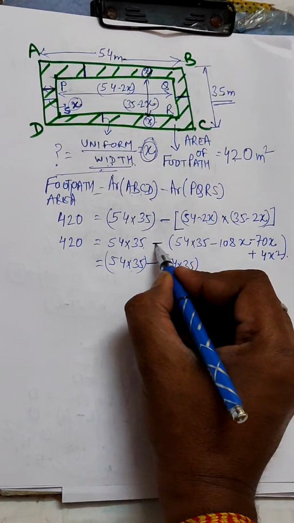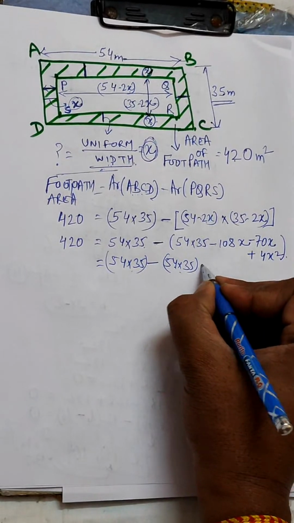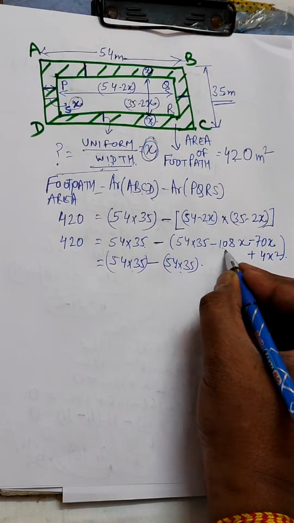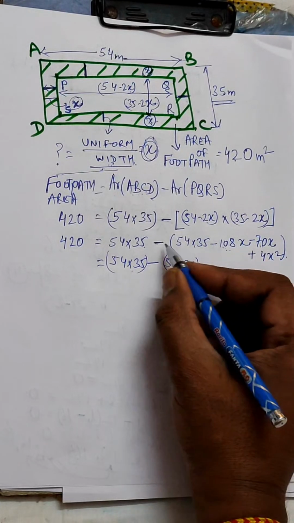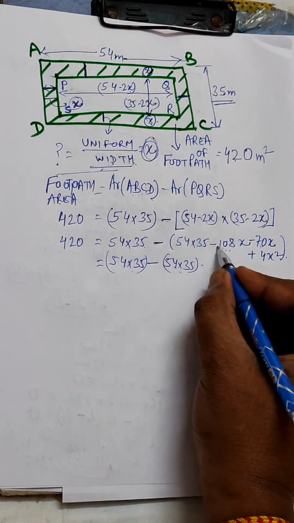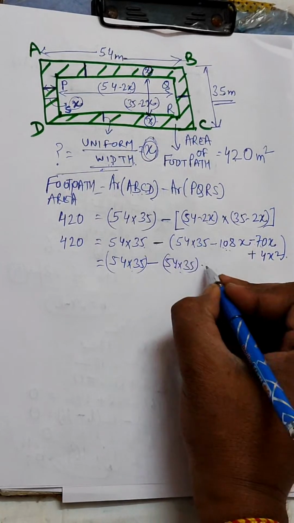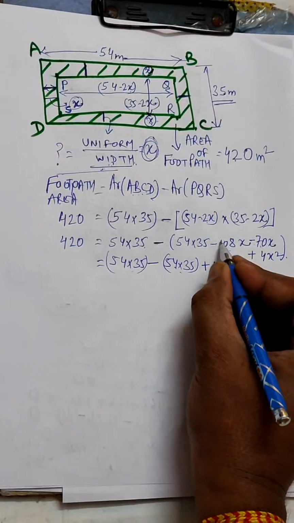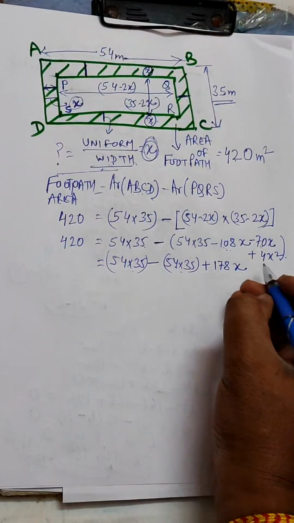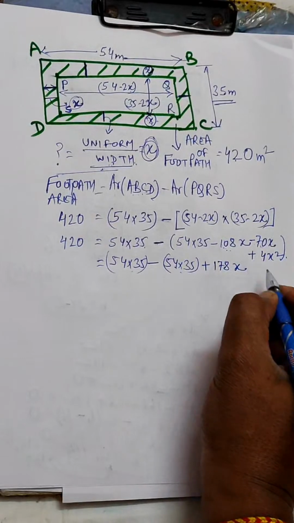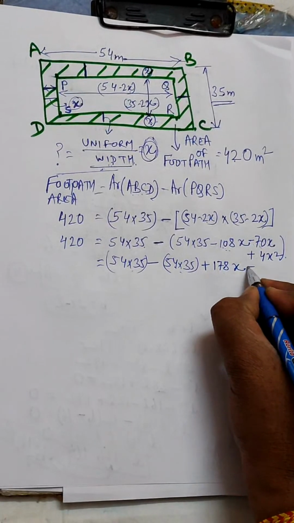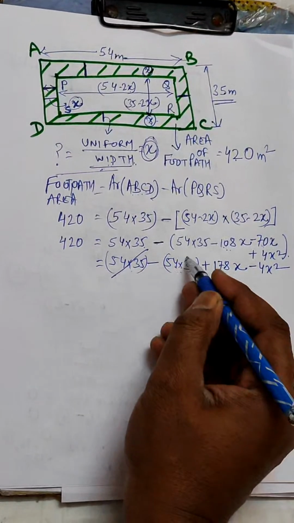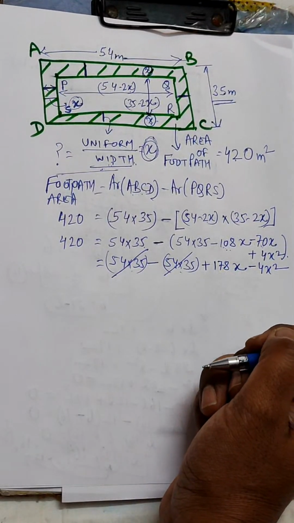Now minus and minus will be plus, so 108 and 70, you can add them. So this will be 178x. Minus 178x multiplied with minus gives 178x, because minus and minus will be plus. And minus multiplied with plus 4x square will give you minus 4x square. So cancel these two terms.